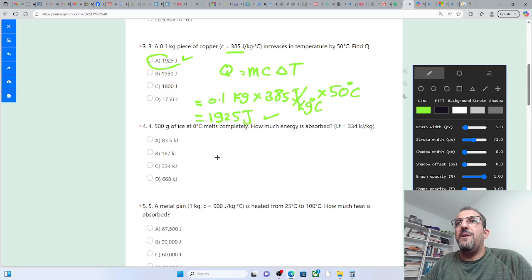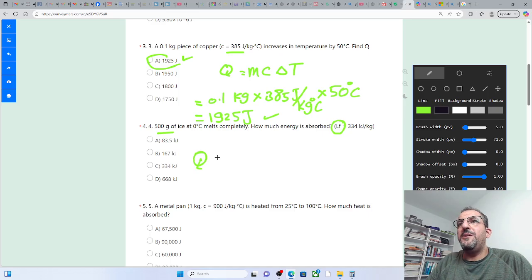For number 4, we have 500 gram of ice at 0 Celsius that melts completely. So how much energy is absorbed? Okay, so we have the latent heat for fusion, and we have the mass.